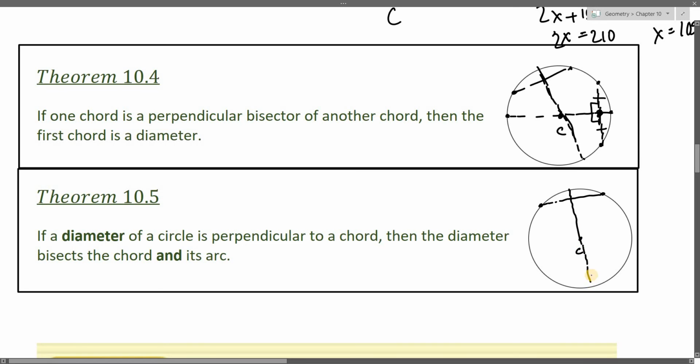It says if a diameter of a circle is perpendicular to a chord, then the diameter bisects the chord and its arc. So not only does it bisect the chord, but it also bisects the arc, so that these two arc segments would be equal to each other. That's what those two theorems are.